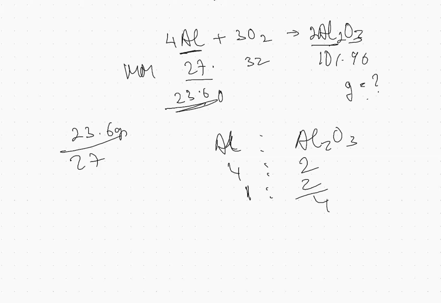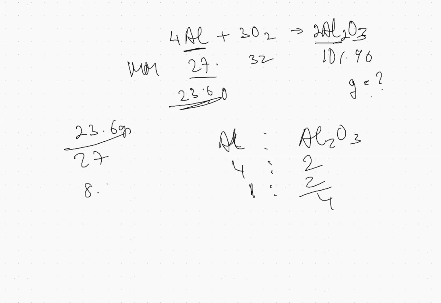So 4 would give 2, 1 would give half, so 8.74 would give 4.37 moles.